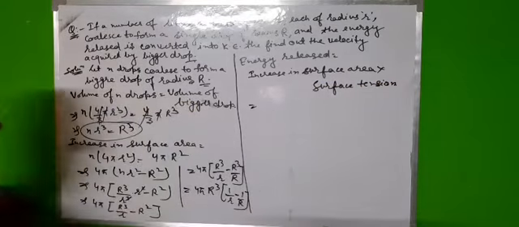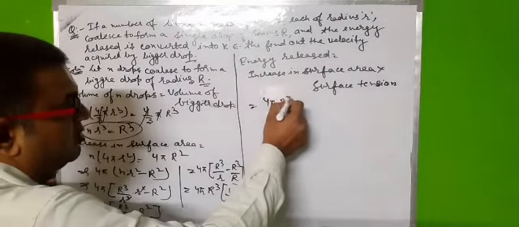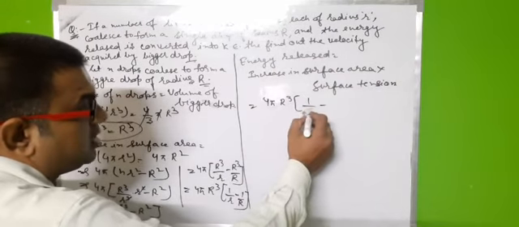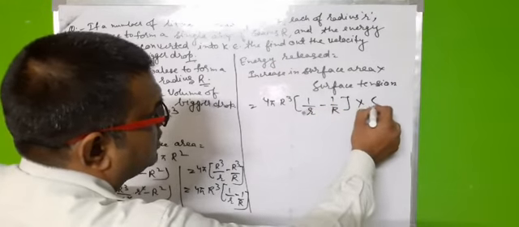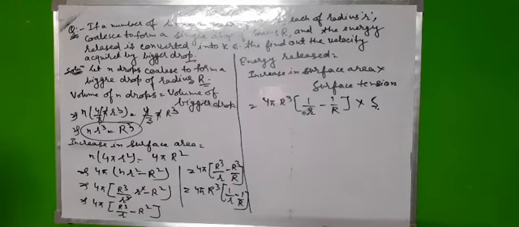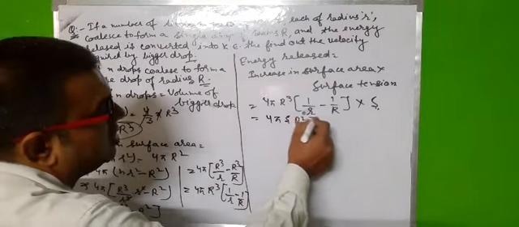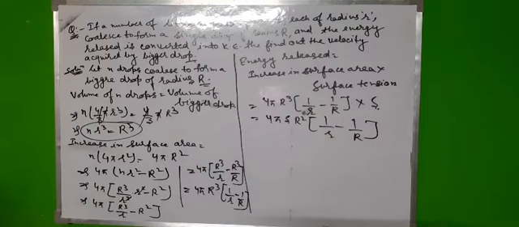And increase in surface area is what? Increase in surface area is 4 pi r cube, 1 upon small r minus 1 upon capital R, into surface tension S. So it can be written as 4 pi S r cube, 1 upon small r minus 1 upon capital R. This is the value of energy released.